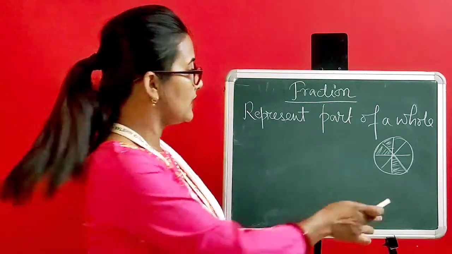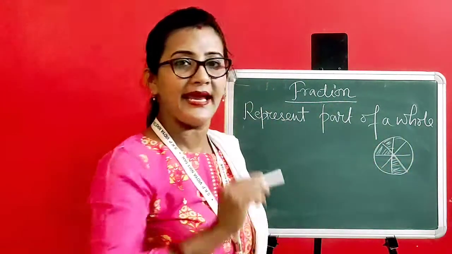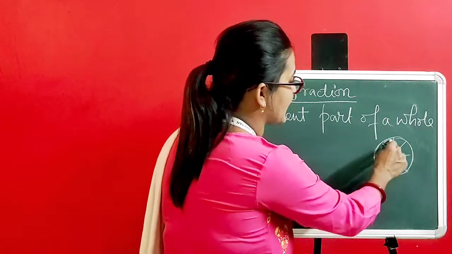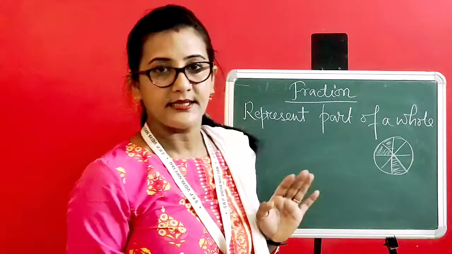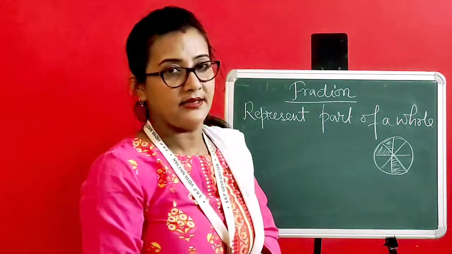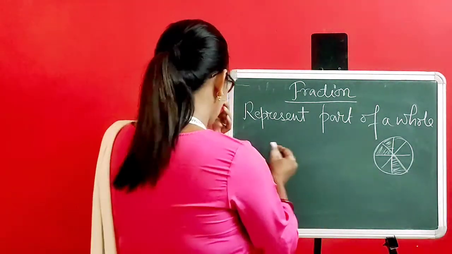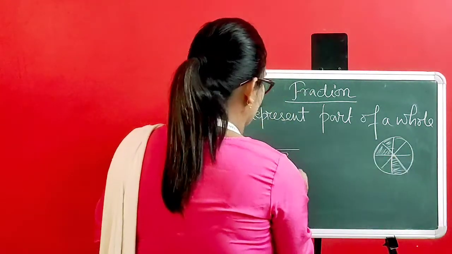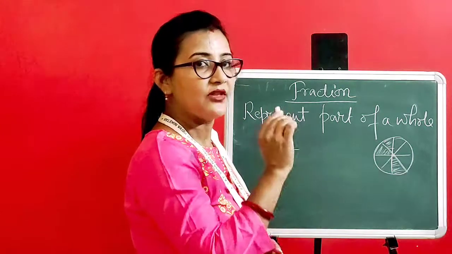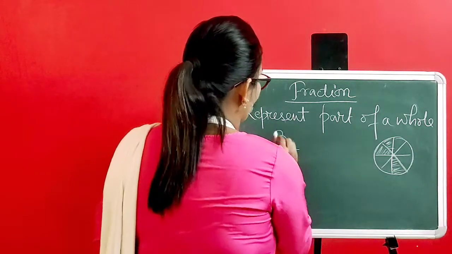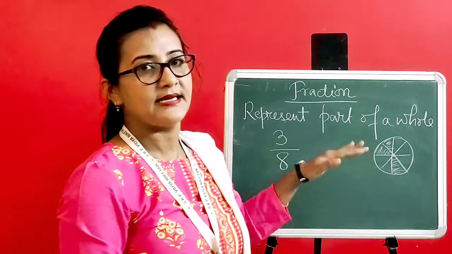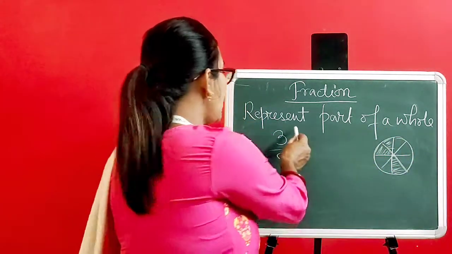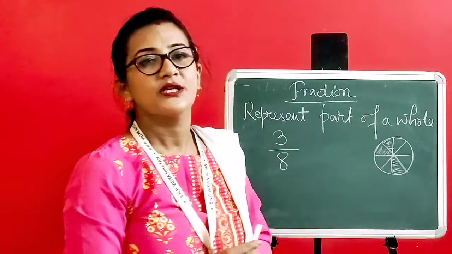So the circle is divided into 8 equal parts, out of which 3 parts are shaded. How will we write this? Here you can see that the total number is 8, and the shaded portion is 3. So it represents that from the 8 parts, 3 of them are shaded.